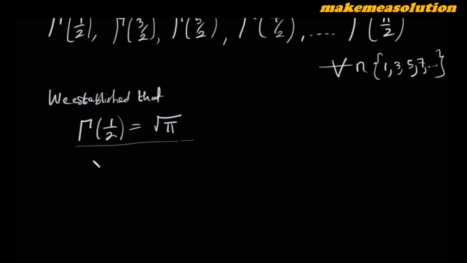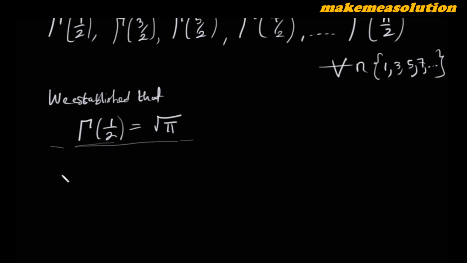So gamma of 1 over 2 is the base case for half integers. Any kind of half integers we're going to be dealing with, whether positive or negative, we are going to make reference to the answer for gamma of 1 over 2, which is root pi.